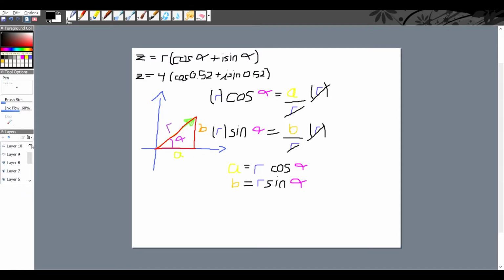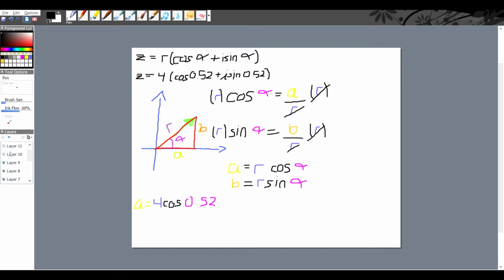And we substitute the values of our example. 4 times cosine of 0.52, this is the angle, remember, in our polar form. In this case, we have it in radians, but in degrees it would work exactly the same way. The only extra step you have to make is to set your calculator to the correct unit, either radians or degrees.